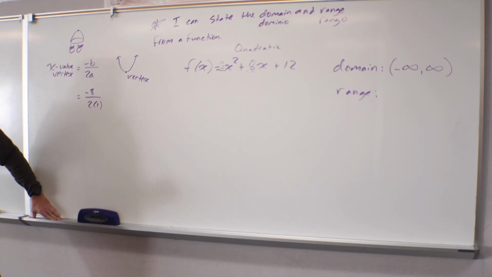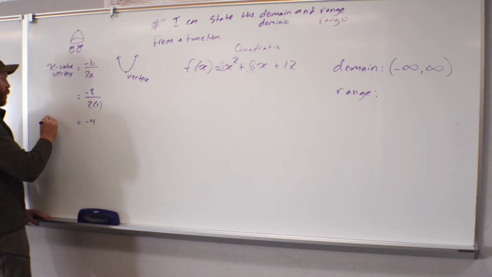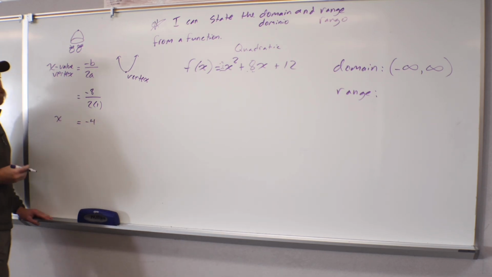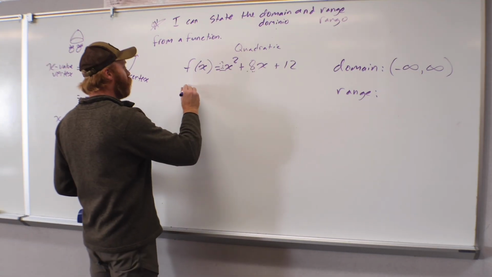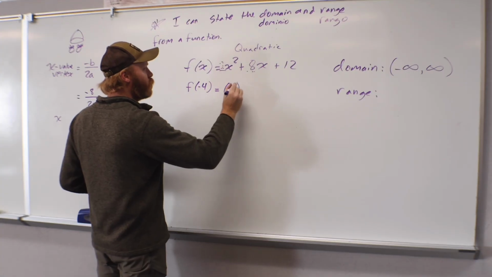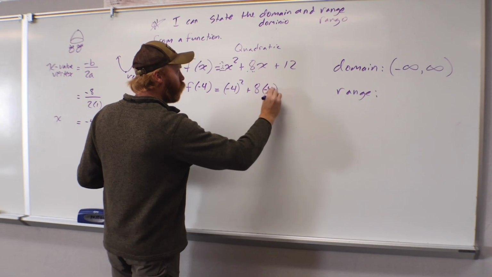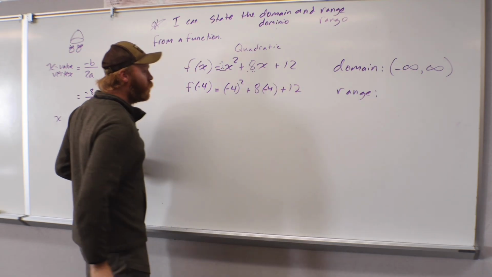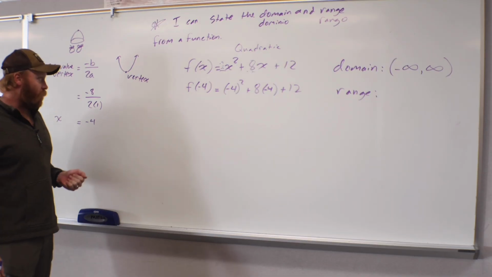Negative 8 divided by 2 times 1 is going to be negative 4, and that is our x value. Once we have our x value, then we're going to plug that in. So we're going to have f of negative 4 is equal to negative 4 squared plus 8 times negative 4 plus 12. Once we have the x value, we plug it in to get the y value.